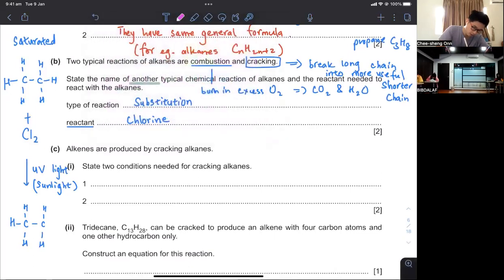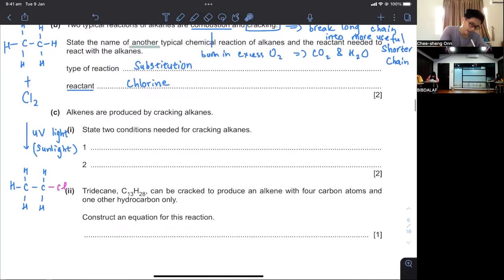If I substitute this one out for chlorine, this hydrogen comes out and one chlorine comes in to replace that hydrogen. Then I have one remaining hydrogen and one chlorine, so my other product will be HCl. Make sure you know how to balance the equation.